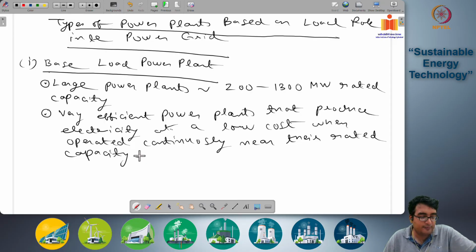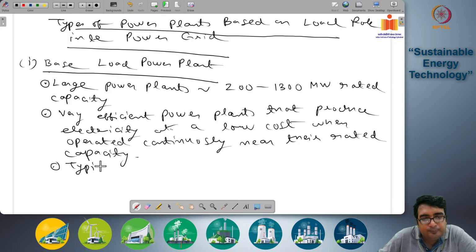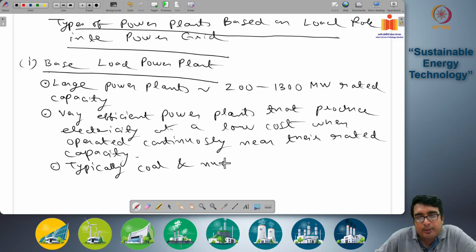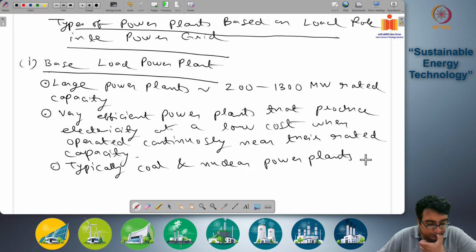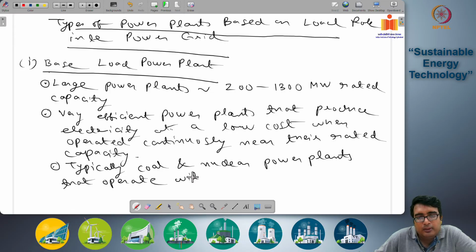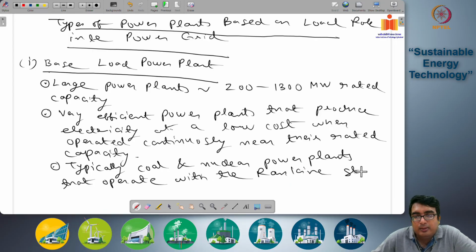So typically coal and nuclear power plants that operate with the Rankine steam cycle.